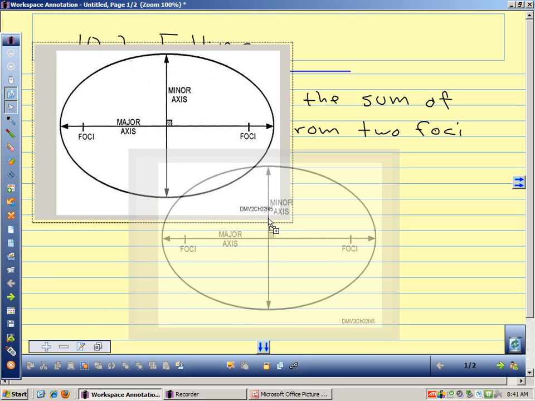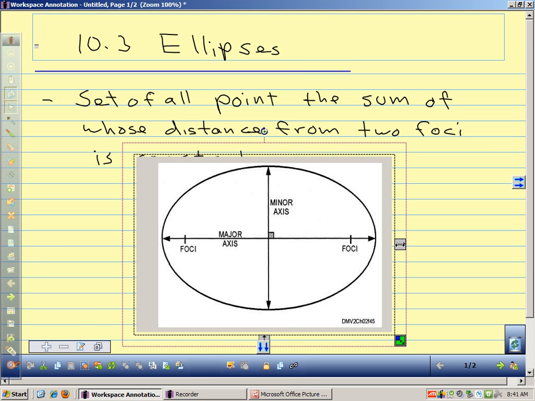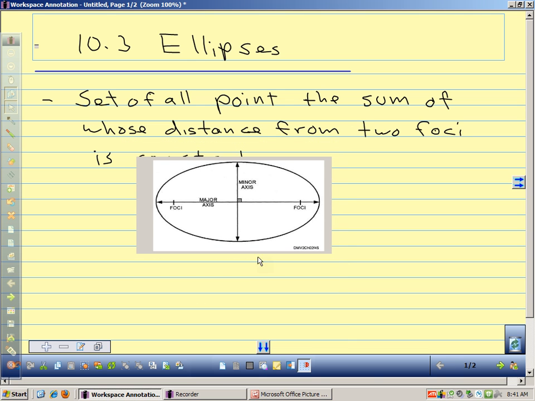So here's my ellipse. And what this is telling us, an ellipse is kind of an oval shape.